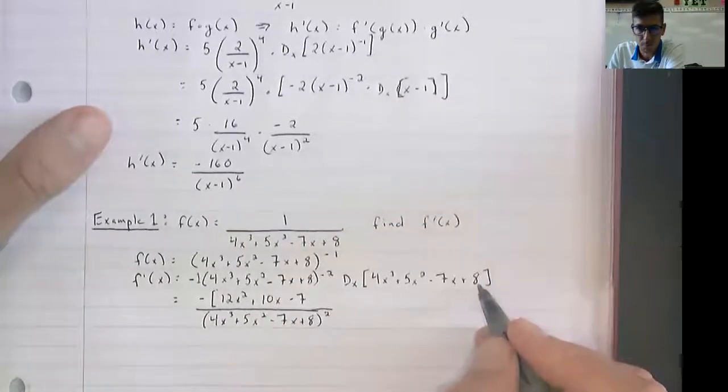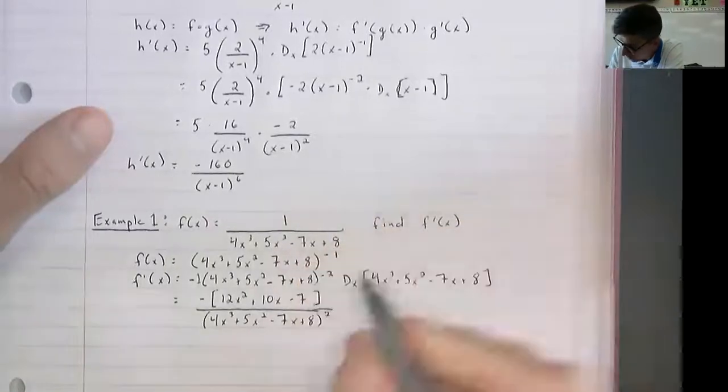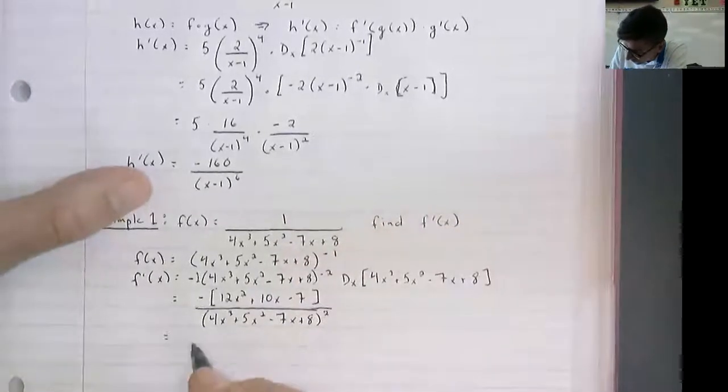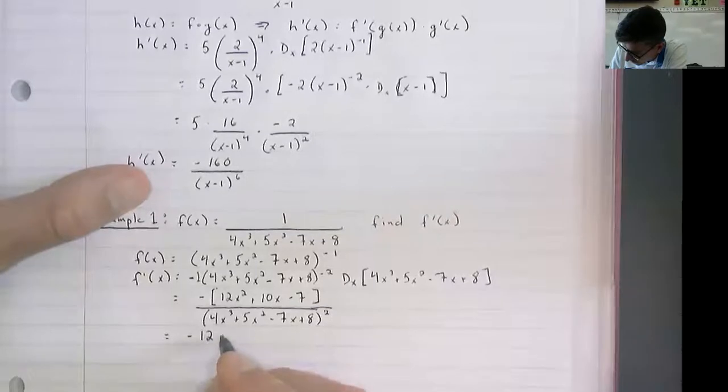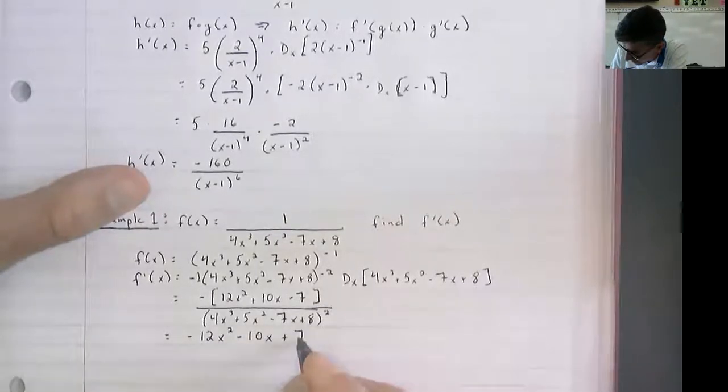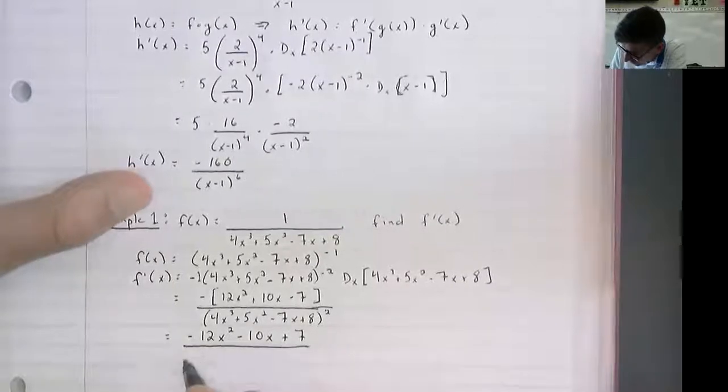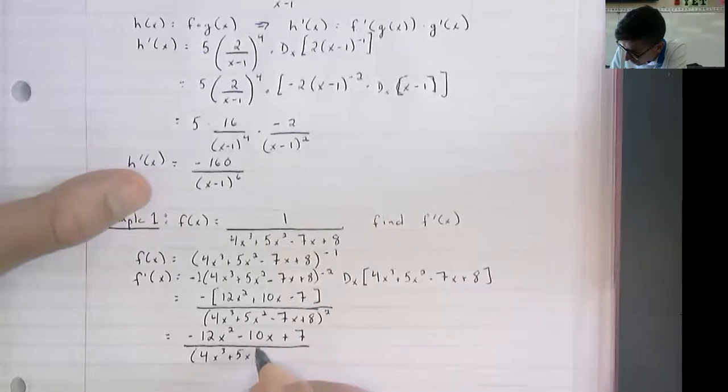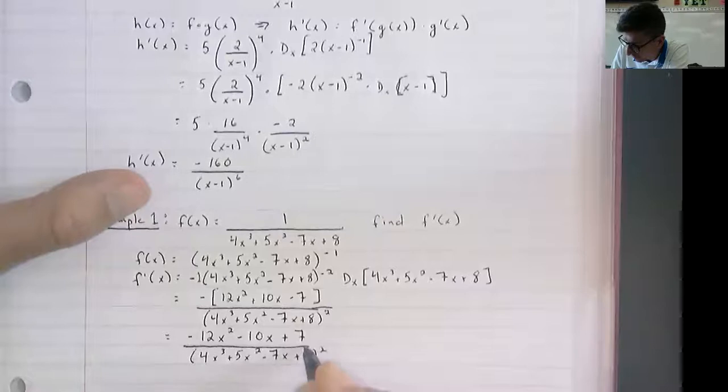Positive 8, 0. And then applying this opposite, we get negative 12x squared minus 10x plus 7, all divided by 4x cubed plus 5x squared minus 7x plus 8 quantity squared.